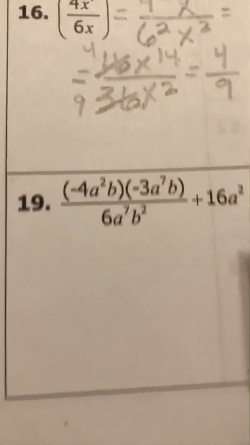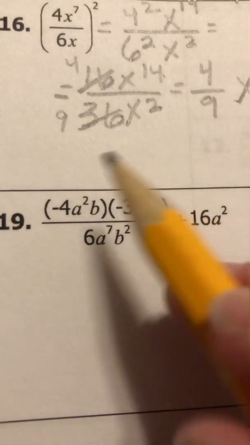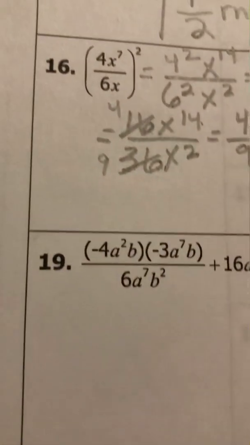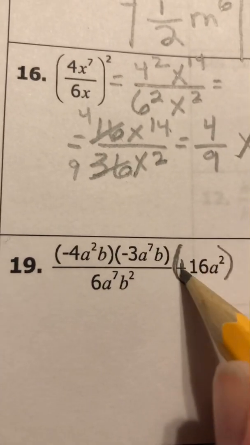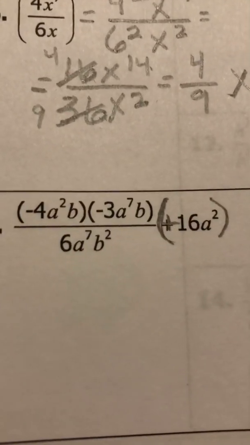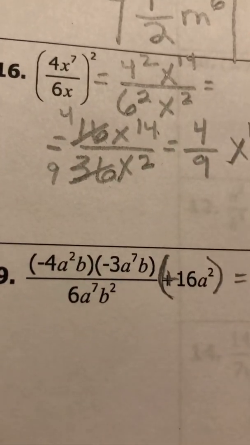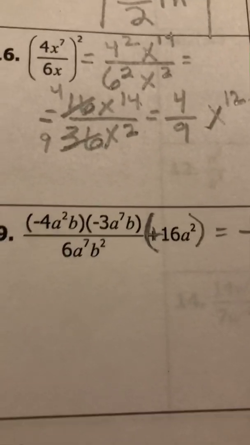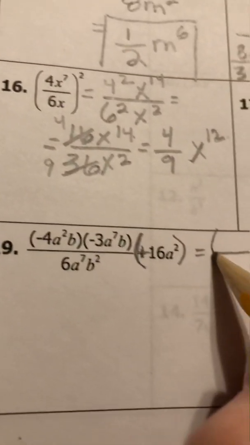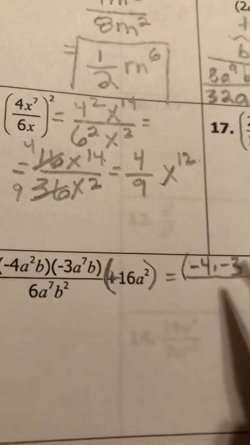19 is a whopper. So here I have 2 coefficients here. So I'm going to just put this in parentheses because I'm adding something at the end. Let's take care of the top part though for right now. Don't worry about the 16a squared for just a minute. But I multiply -4 times -3.